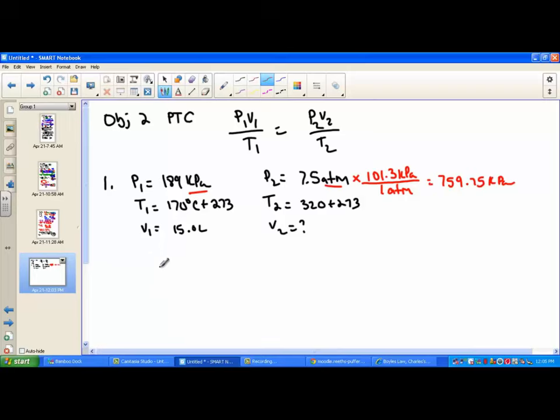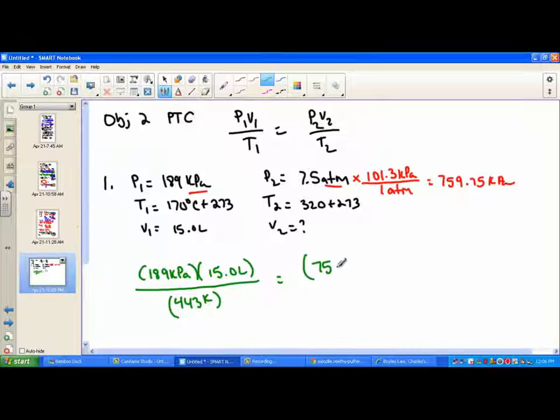Let's plug this into our formula called the combined gas law. First pressure, 189 kilopascals. First volume, 15 liters. First temperature is 170 plus 273, is 443 Kelvin.